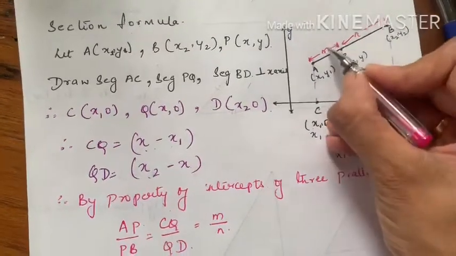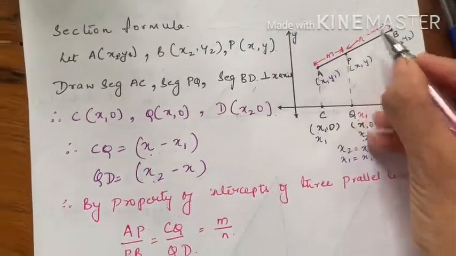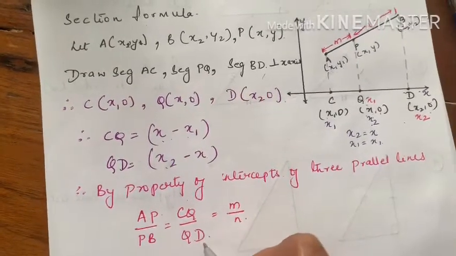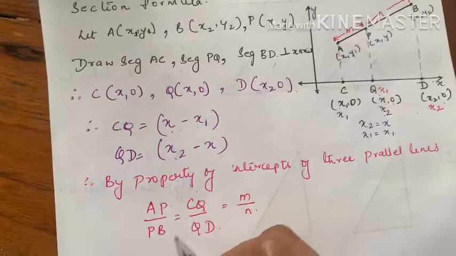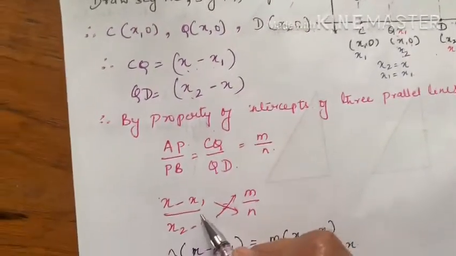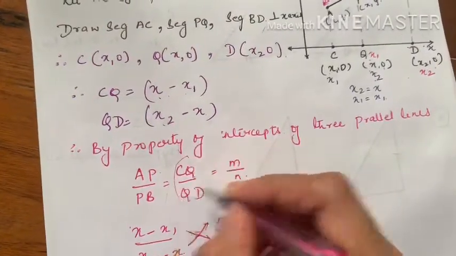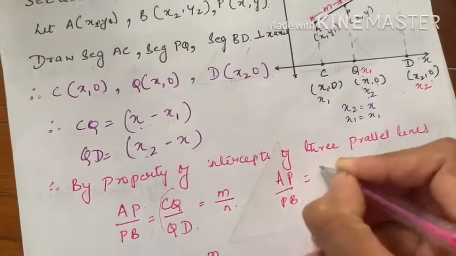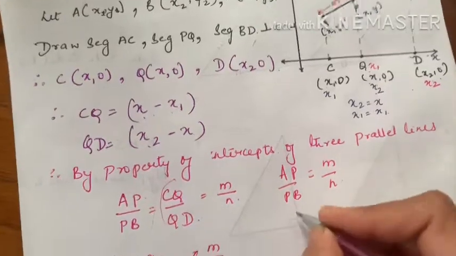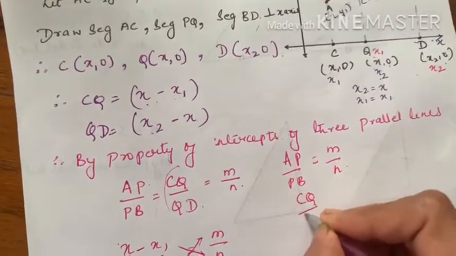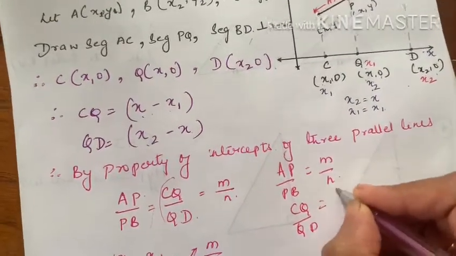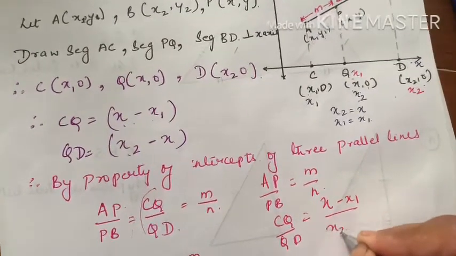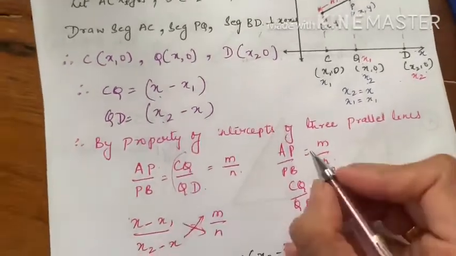Now AP is nothing but m and PB is nothing but n. So can I write AP by PB equal to CQ by QD, where AP by PB is m by n, and CQ by QD is x minus x1 by x2 minus x.